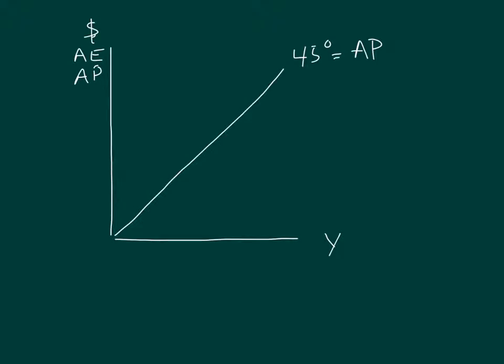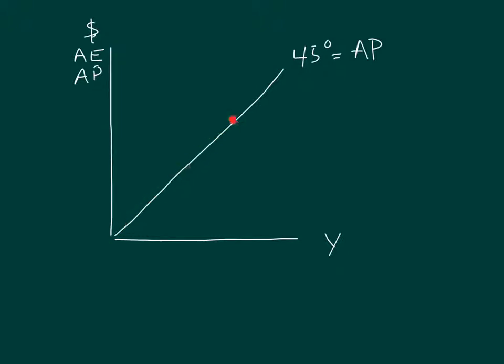We're going to start with this framework where the x-axis is Y for income, the same as it was in our aggregate supply, aggregate demand model, but our y-axis is different.